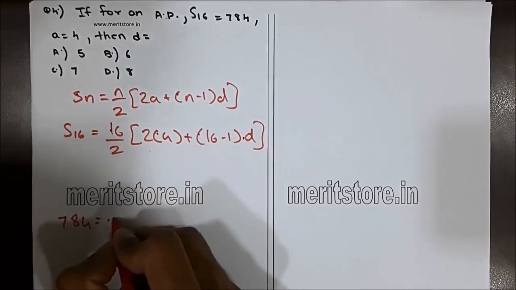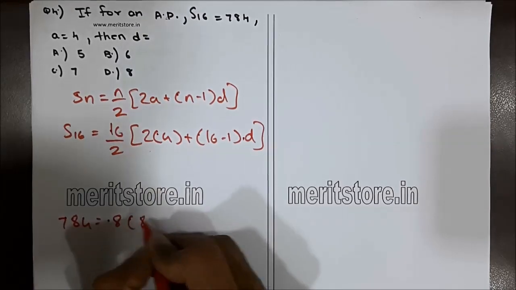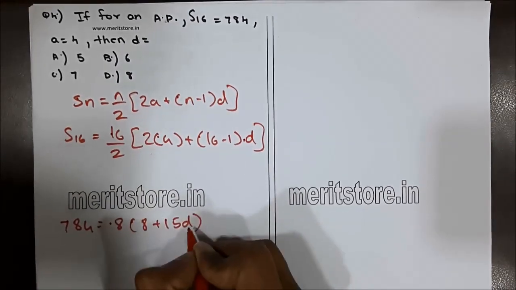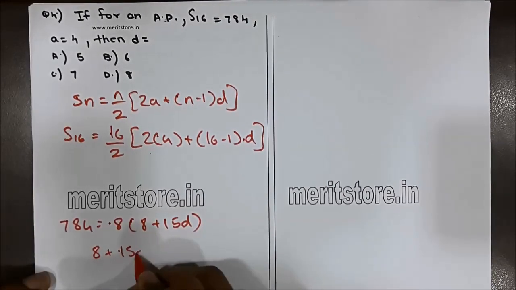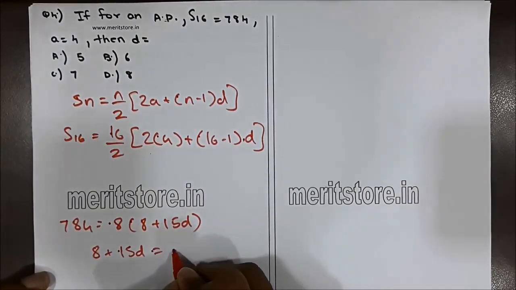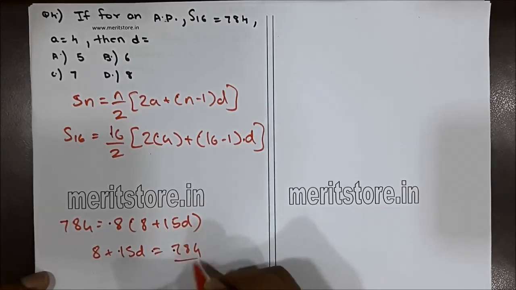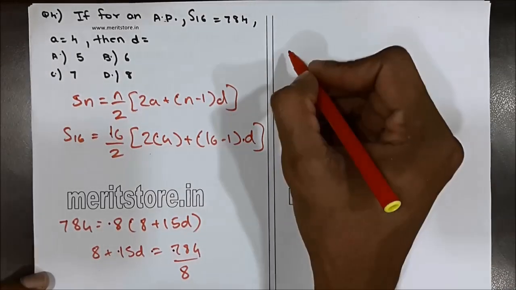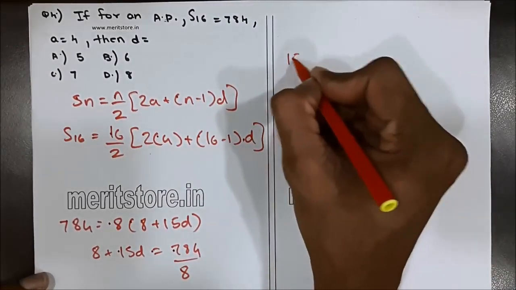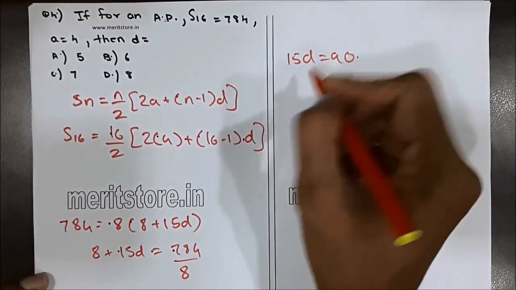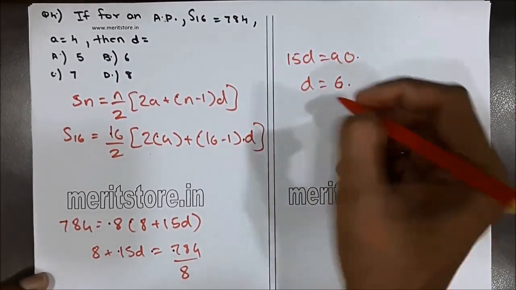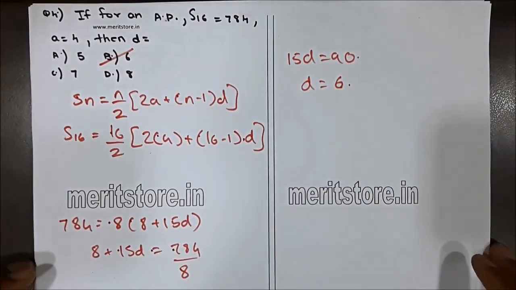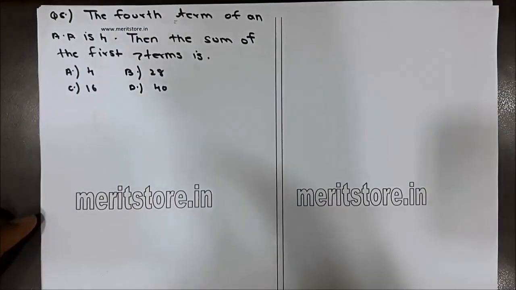We solve this, we get 8 plus 15D. Further, we get 15D is equal to 90, which is D is equal to 6, which is our option B. Option B is the correct answer.